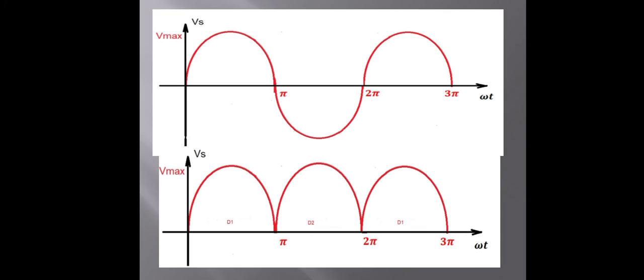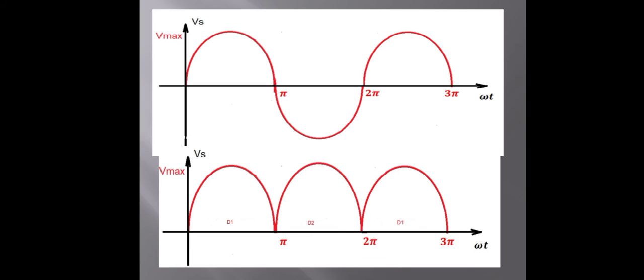First, the input signal is applied for the positive half cycle, then D1 conducts, that is D1 is forward biased, and the output signal is Vmax sin omega t. D1 conducts from 0 to pi and D2 conducts from pi to 2 pi. Why? Because when D1 is in the negative half cycle, D2 is in the positive half cycle, so D2 conducts, or is forward biased, for the other pi radians, a 180 degree phase shift.